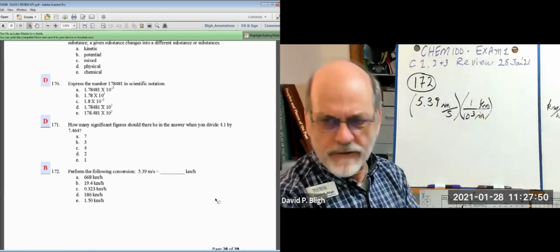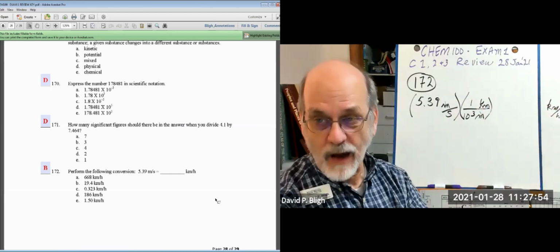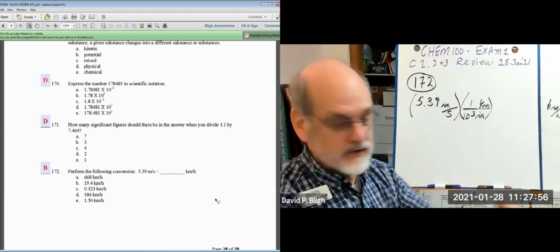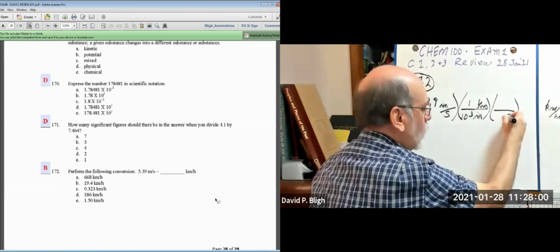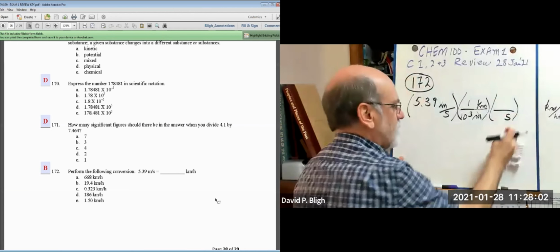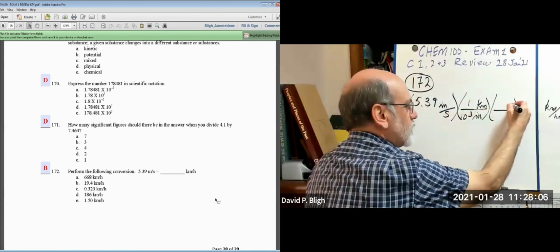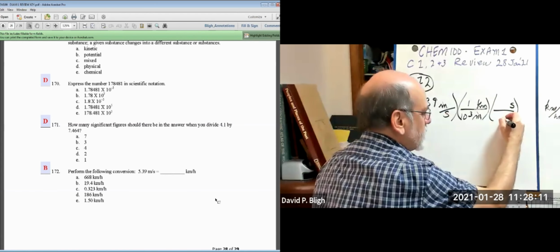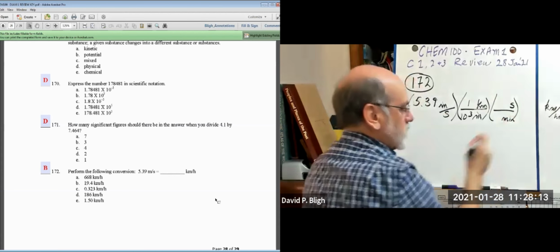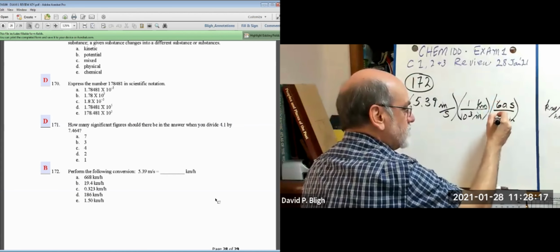If you don't know the direct conversion from seconds to hours, you have to do it stepwise. We have to cancel seconds. It's in the denominator, so it needs to be in the numerator here. And we need minutes here, because I know that 60 seconds are in a minute.